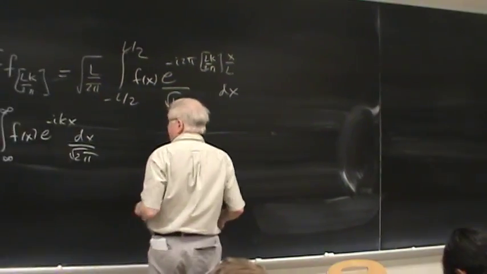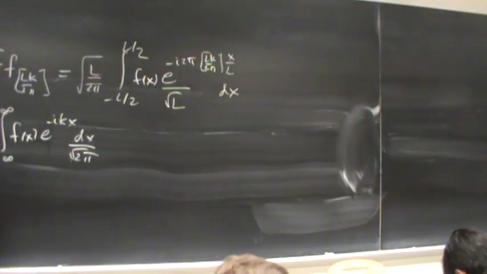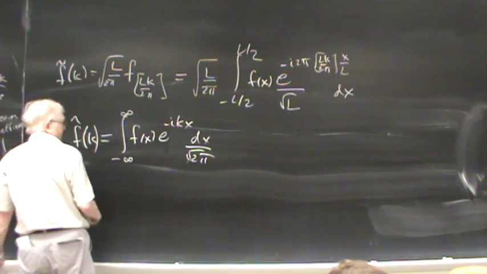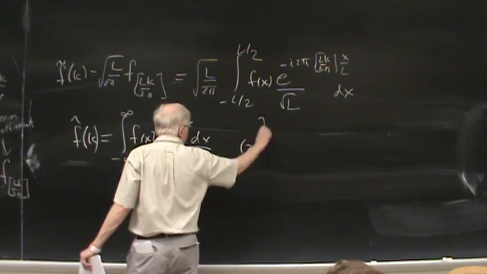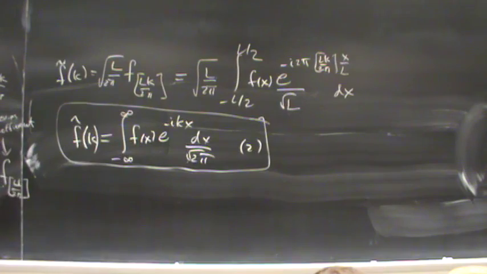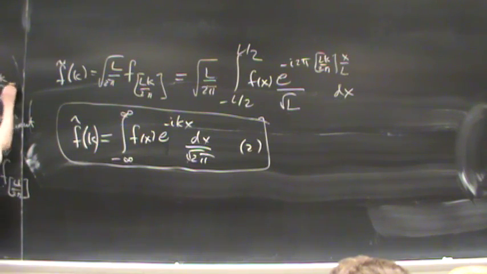So this then is the inverse Fourier transform relation. So these are the two relations. Number 2 is this one. That's the inverse relation. I guess it's just this very long equation, which is just absurdly long, so maybe I'll write it this way.